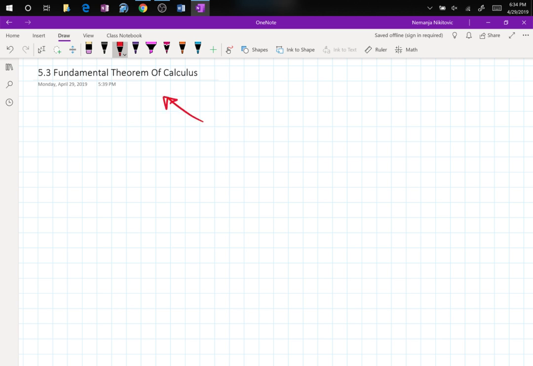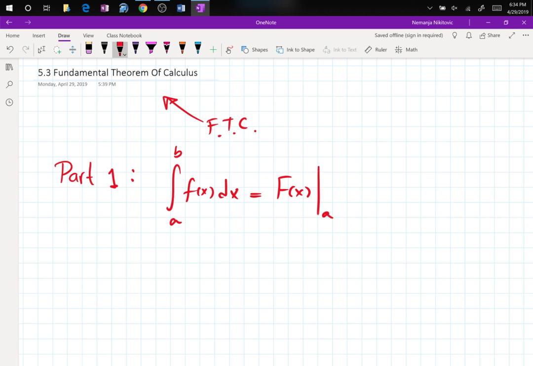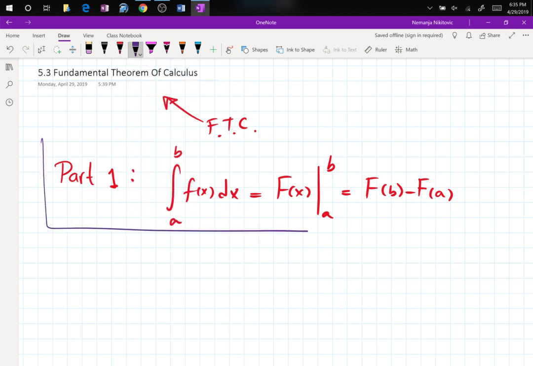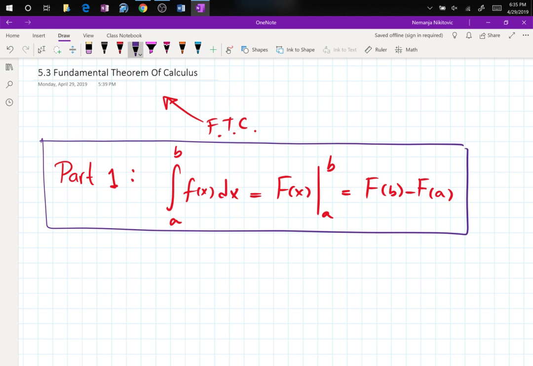This is known as FTC, and part one is that the definite integral from a to b of f of x dx is the antiderivative capital F of x computed from a to b, which is equal to F of b minus F of a. So you already know the first part. It's a way to compute a definite integral.